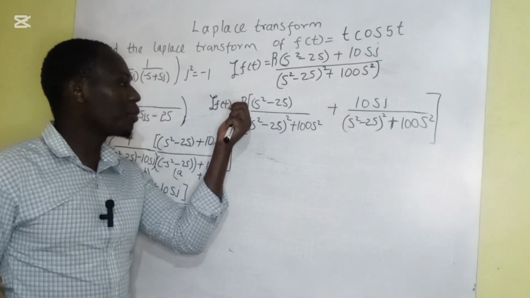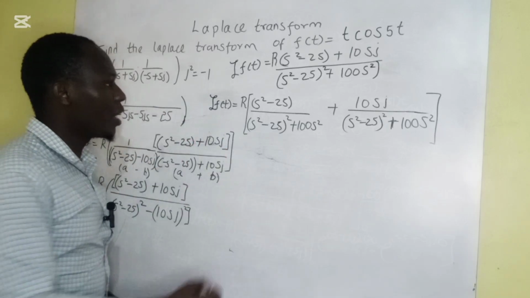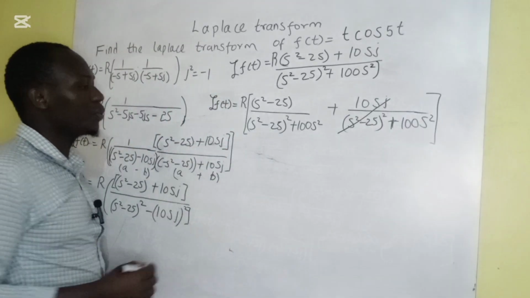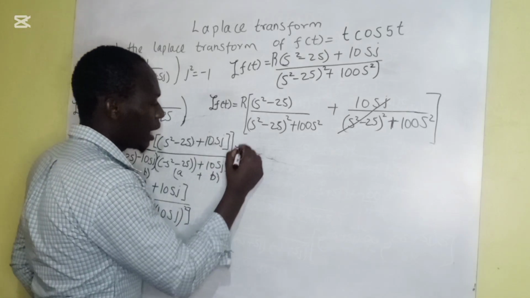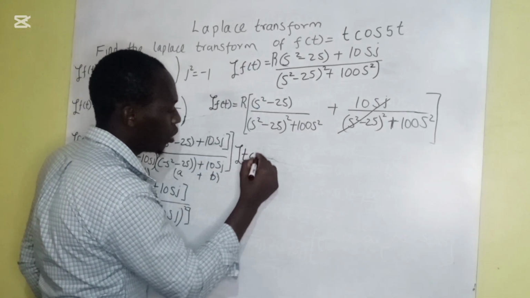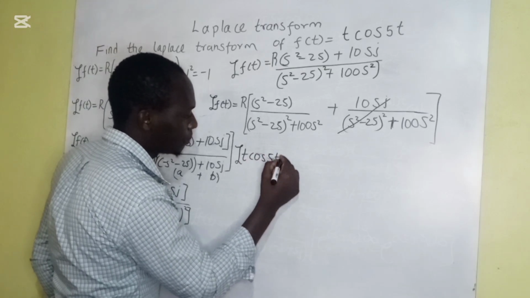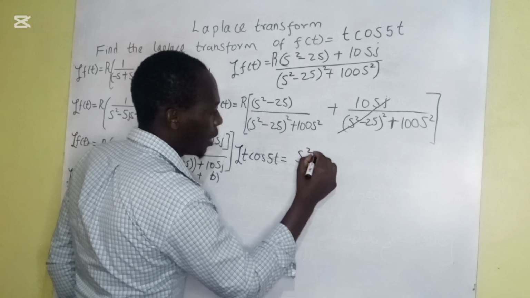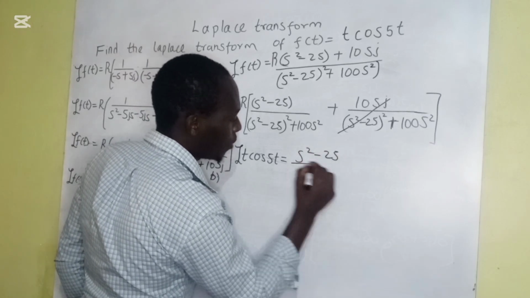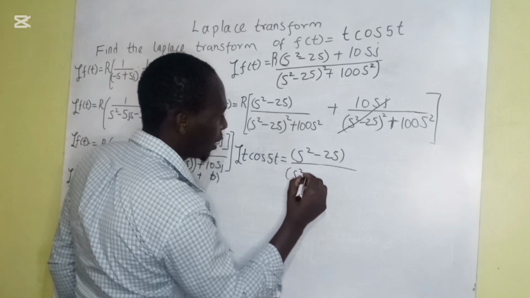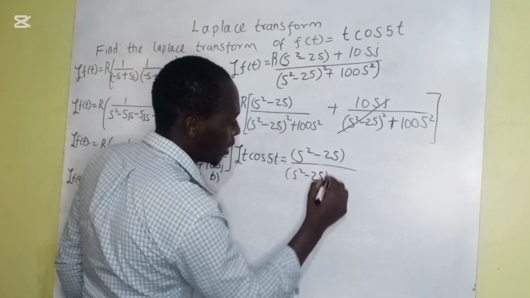But since here we were having our r, we are going to cancel out the imaginary function, and we are going to have our answer as the Laplace transform of our function f of t, which was equals to t cos 5t, is going to be equals to s squared we subtract from 25 all over s squared we subtract from 25.